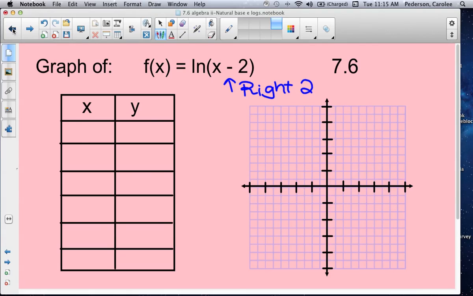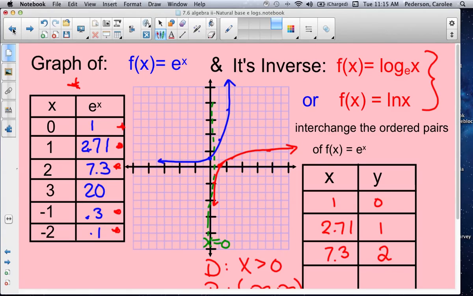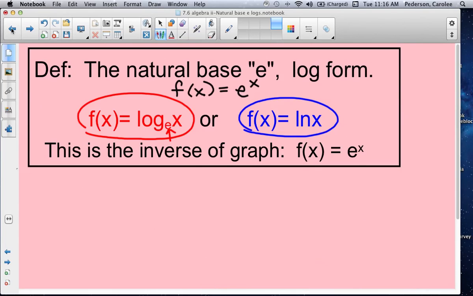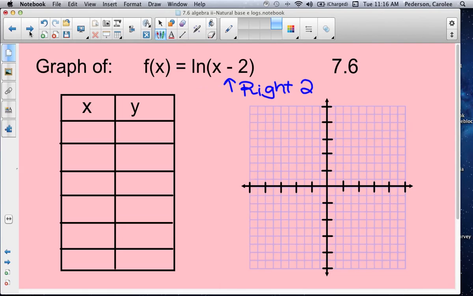So if we look at these ordered pairs in the red, (1, 0), (2.71, 1), and (7.32, 2).